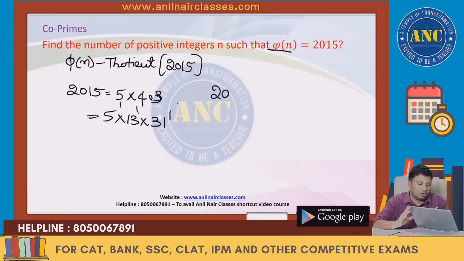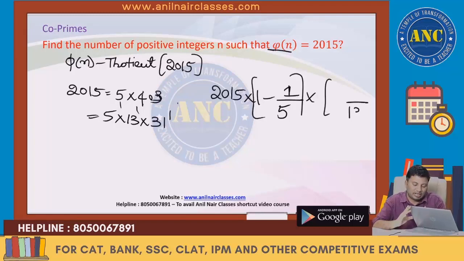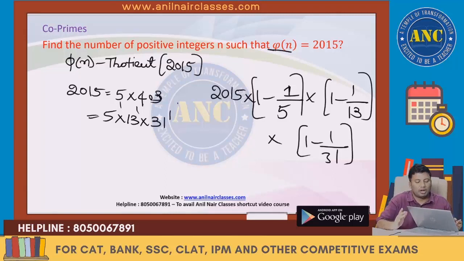So for 2015 consecutive numbers, for every 5 consecutive numbers, one number is divisible by 5. For every 13 consecutive numbers, one number is divisible by 13. For every 31 consecutive numbers, one number is divisible by 31. Coprime means it should not be divisible by 2015.